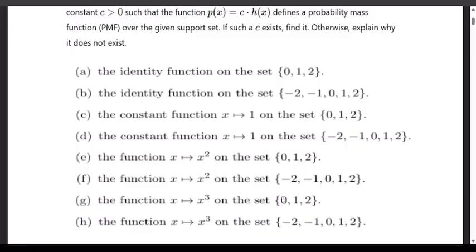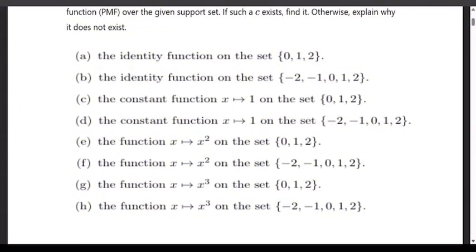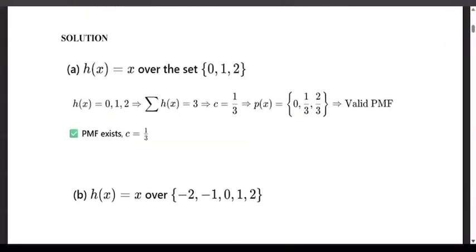So I need you to pay attention. I'm going to start with the first one and explain what I'm doing here. I have this as the support. They told me the cost is an identity function.